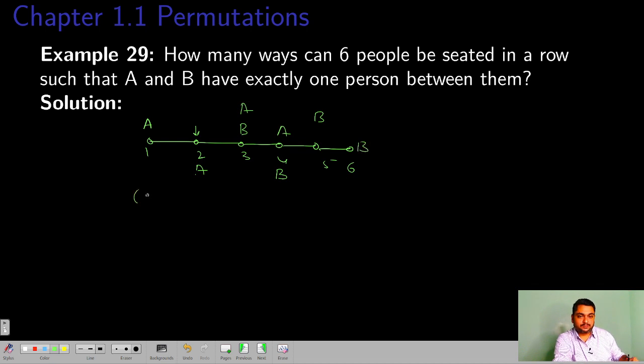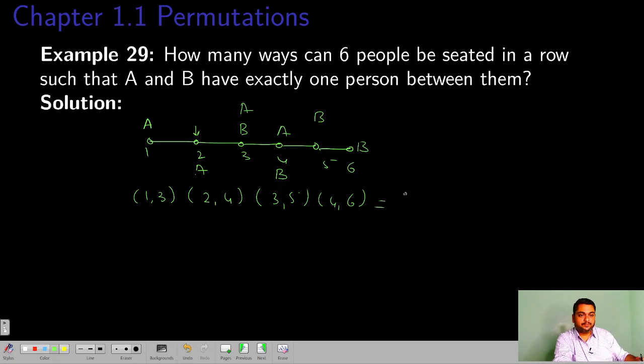So what are the possible combinations? If A is at 1, then B has to be at 3. If A is at 2, B has to be at 4. If A is at 3, B has to be at 5. If A is at 4, B has to be at 6. Now we will stop here because if A is at 5, B cannot be at 1, because it's not a circular permutation. So that is the difference here.